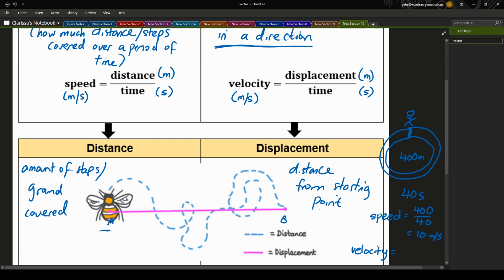The value I would put in is 0. So it'll be 0 over 40, which is just 0 meters per second. So even though you're moving very quickly, at 10 meters per second, your speed is 10 meters per second, but your velocity is 0.